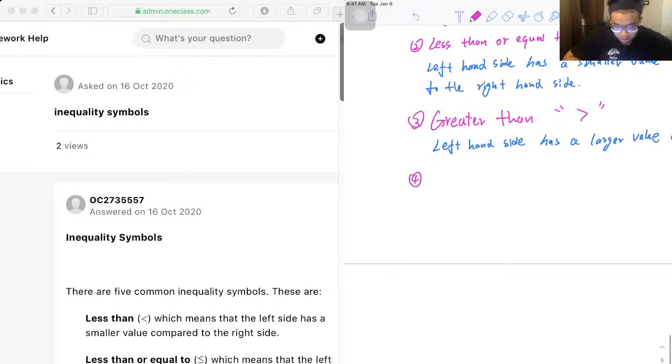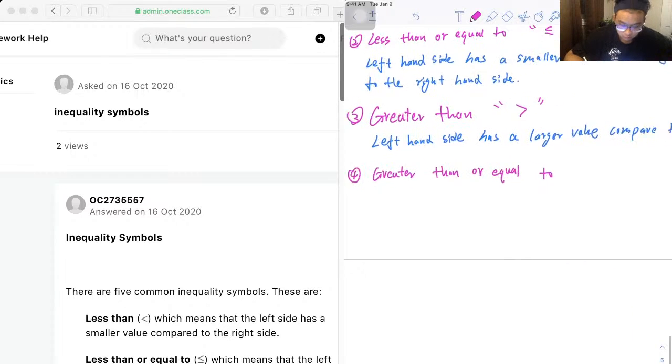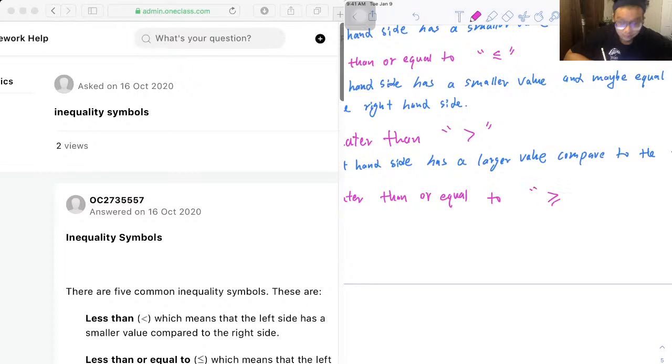And similar to less than or equal to, we also have greater than or equal to. Which the symbol looks like this.